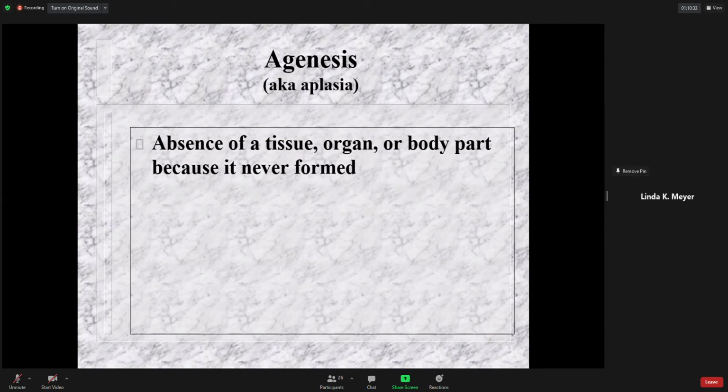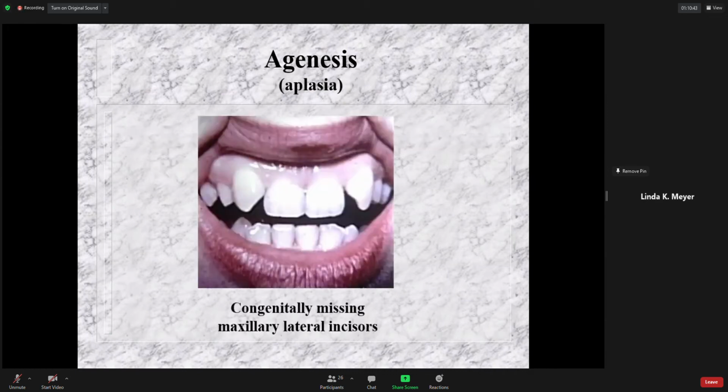It could be a tissue, it could be an organ, or a complete body part that doesn't form. Severe congenitally missing teeth. This patient's maxillary laterals never developed. I've already mentioned how congenitally missing third molars is also very common. One or two, three, or all.